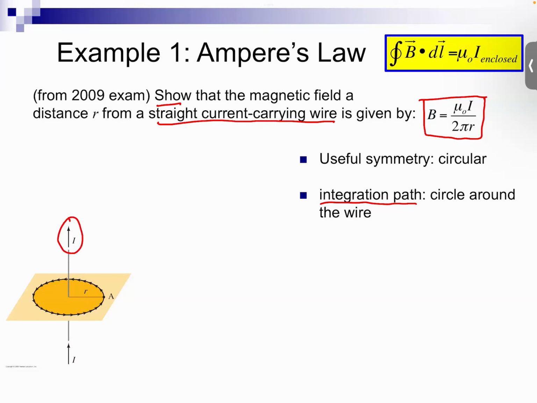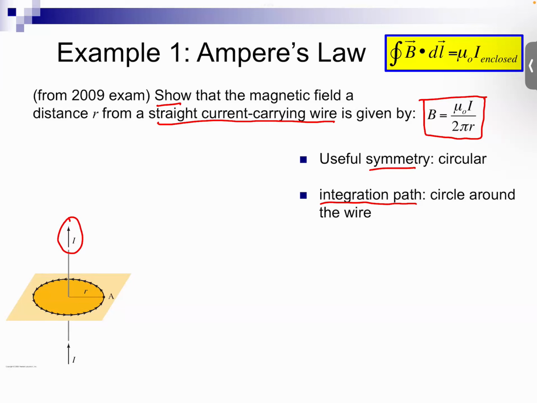We know from the right-hand grip rule that if the wire current moves upwards, the magnetic field will form circles around your straight wire. So essentially, you have circular magnetic field lines around the wire. It is straightforward that the useful symmetry to use will be circular, so it follows the shape of the magnetic field around the wire.